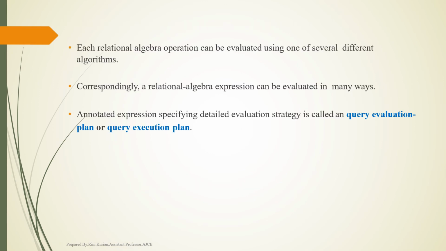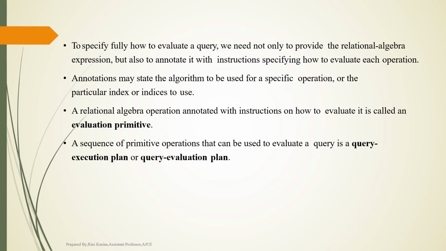Each relational algebra operation can be evaluated using one of several different algorithms. Correspondingly, a relational algebra expression can be evaluated in many ways. An annotated expression specifying a detailed evaluation strategy is called a query evaluation plan or query execution plan.